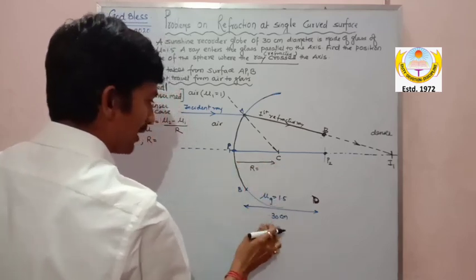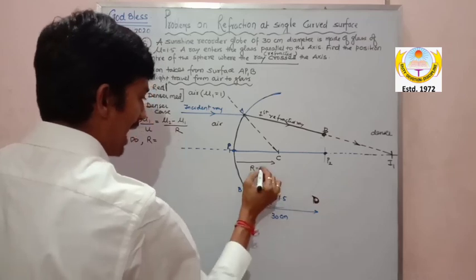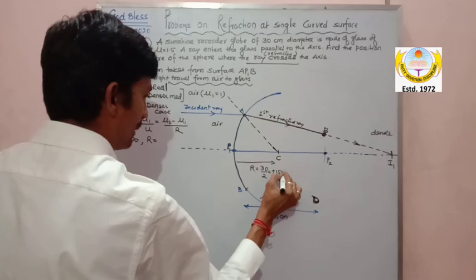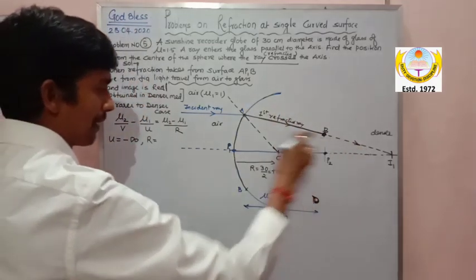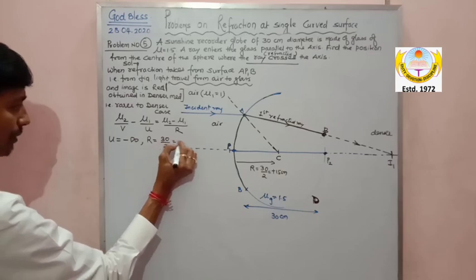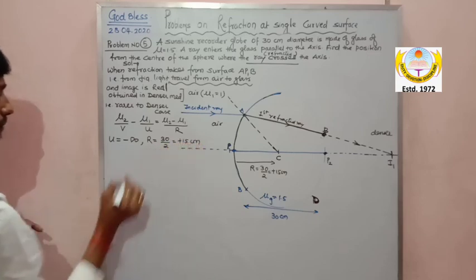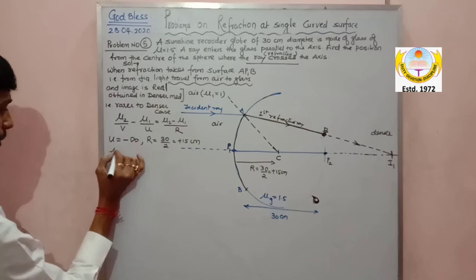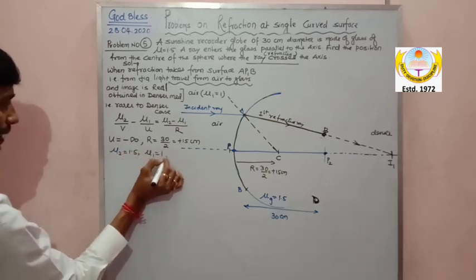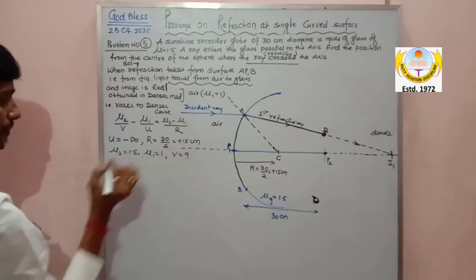So r is equal to, if the diameter is 30, r is equal to 30 by 2, that is equal to plus 15 centimeter for this refraction. Okay, r is over. Mu2 is equal to 1.5, mu1 is equal to 1, and I am supposed to find v.